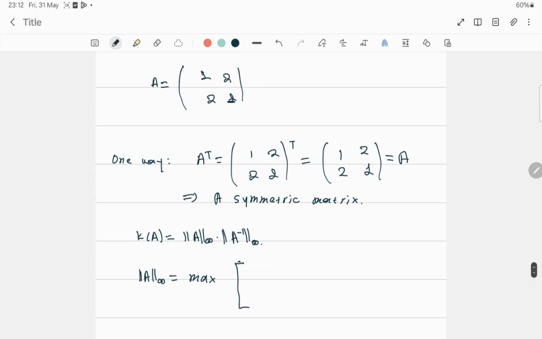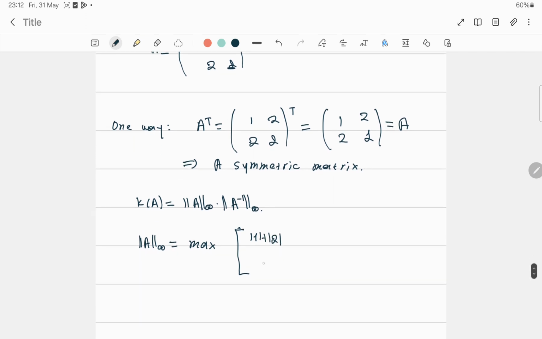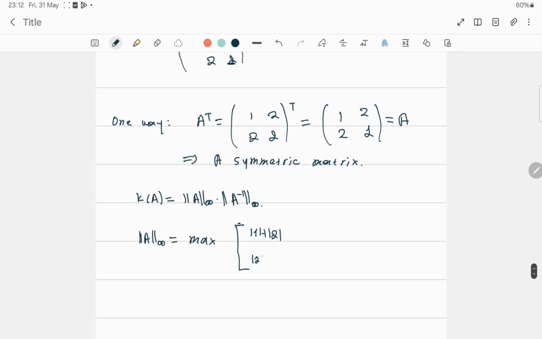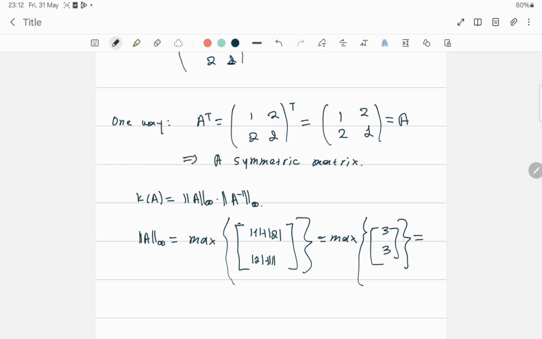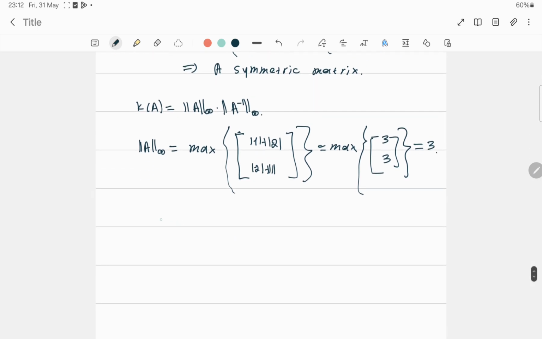So we go to the first row and we add the elements that are in the first row in modulus, in absolute value. And similarly, we do the same thing for the second row. So here the sum is 3. So the infinity norm of this matrix A is 3.